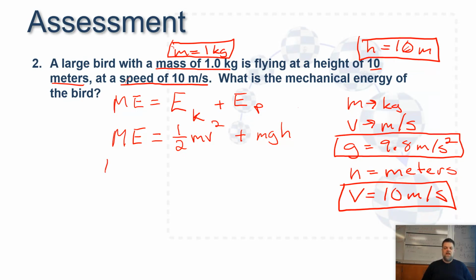So then my total mechanical energy is equal to 1/2 times the mass, which is 1 kilogram, times the velocity, which is 10 meters per second, squared, plus 1 kilogram times 9.8 times 10.